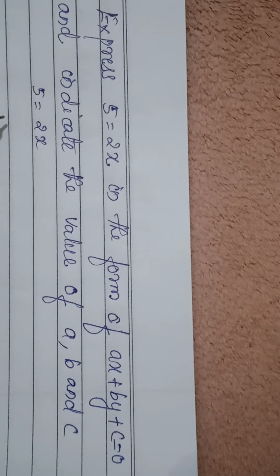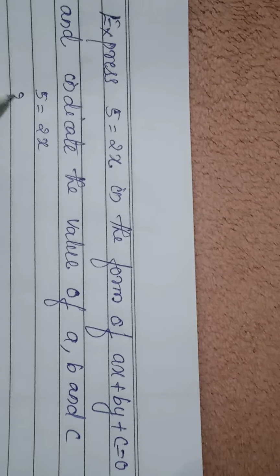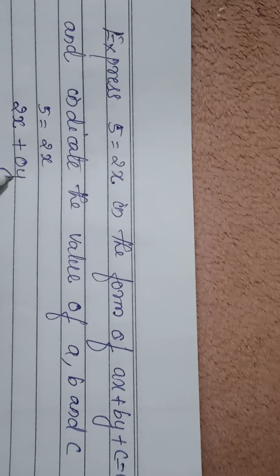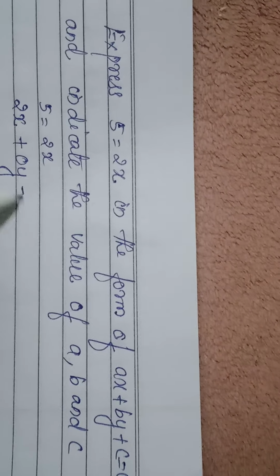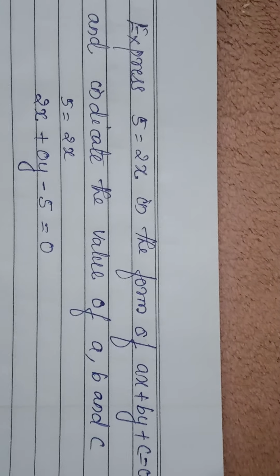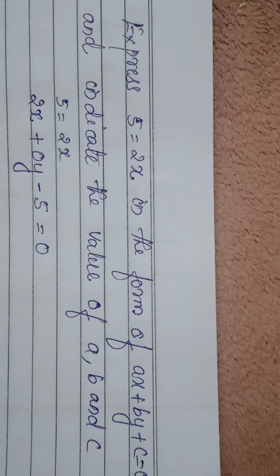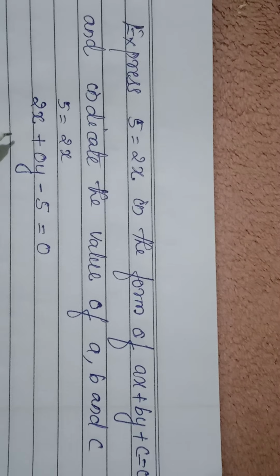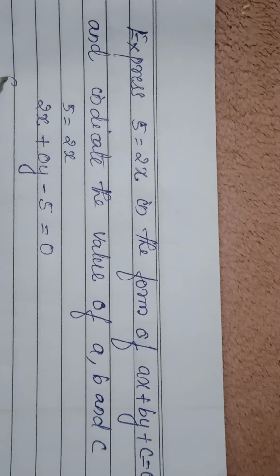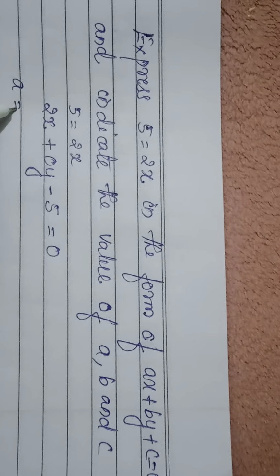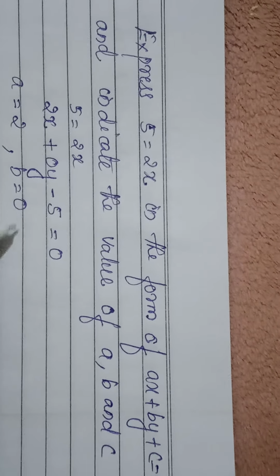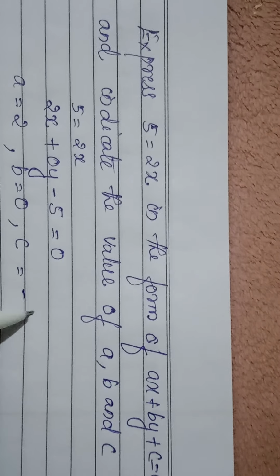So ax means it will be 2x, then y is not here, so we put 0y, then the 5 is minus 5 over here, equals 0. Understood? This is the form of ax plus by plus c equals 0. From this equation we have to indicate the values of a, b and c. So a is equal to 2, then b is equal to 0 only, and c is equal to -5.